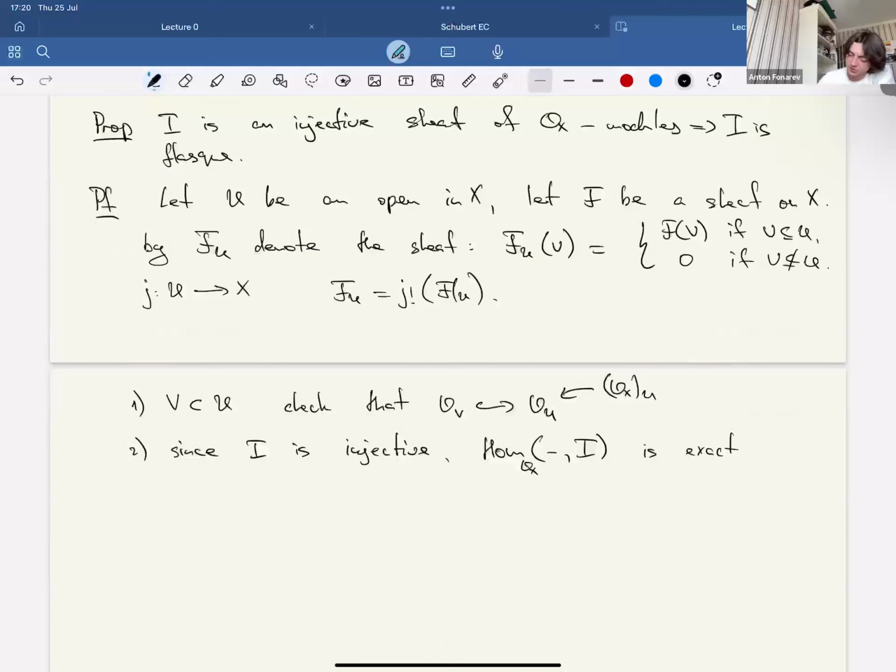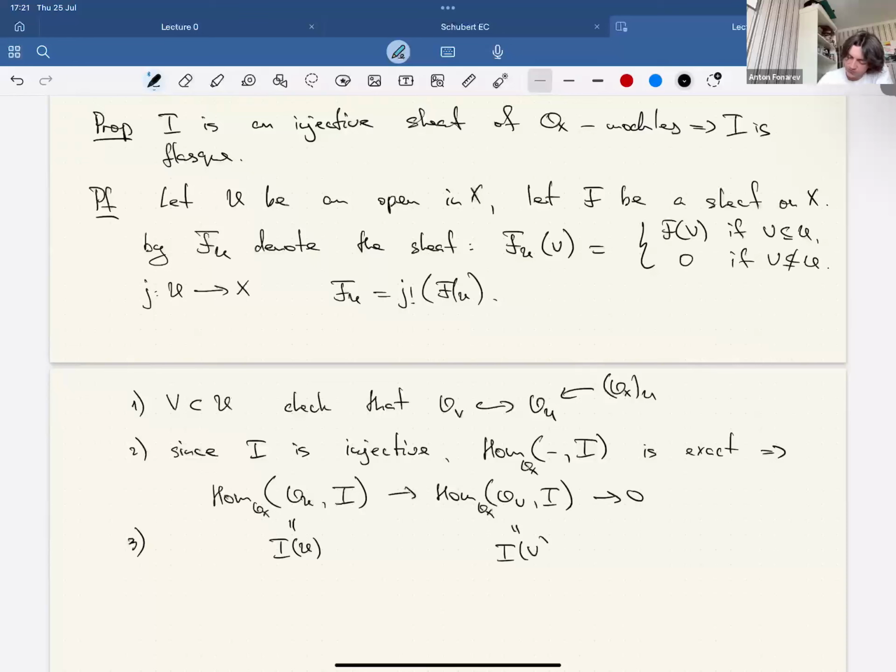This is one of the definitions of being injective, which implies that we have a surjective map from Hom from O_U into I into Hom from O_V into I, and this goes to 0. And finally, third, check that this is naturally isomorphic to I of U, and this is naturally isomorphic to I of V.